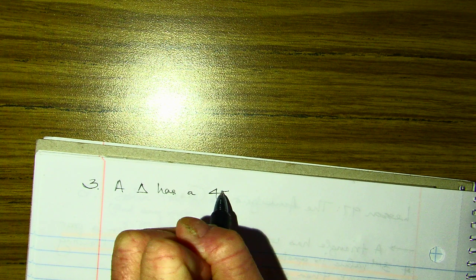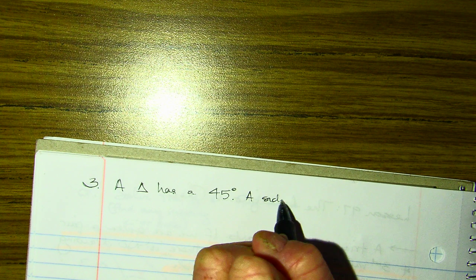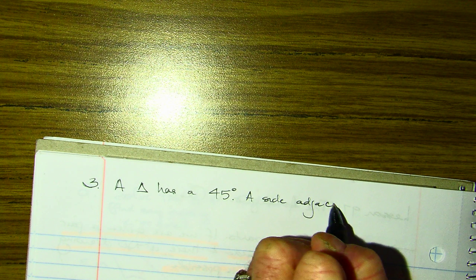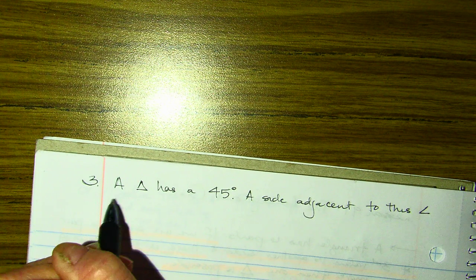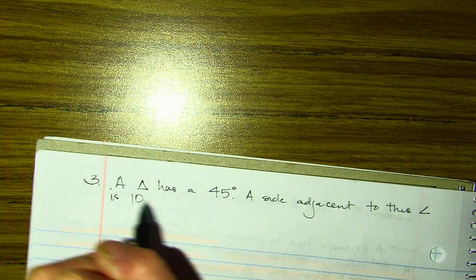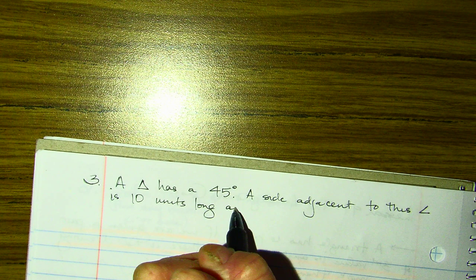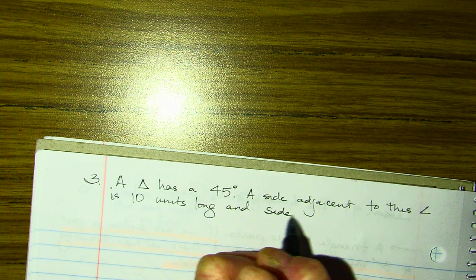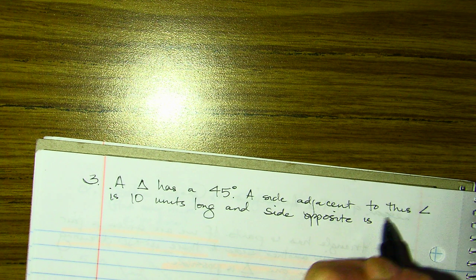So next example, I'm going to use shorthand. A triangle has a 45-degree angle. A side adjacent to this is 10 units long, and a side opposite is 6 units.